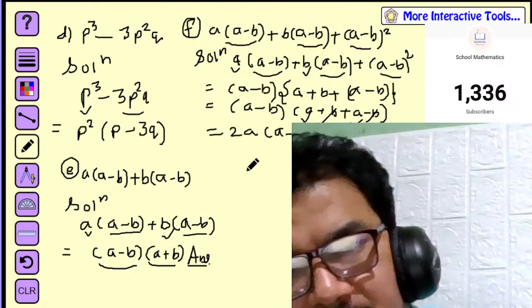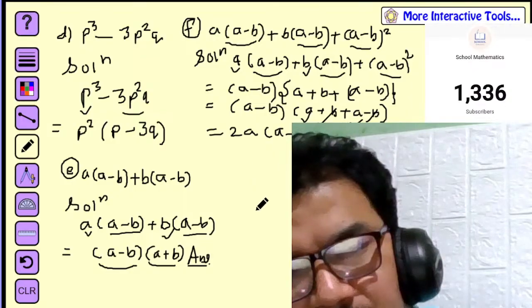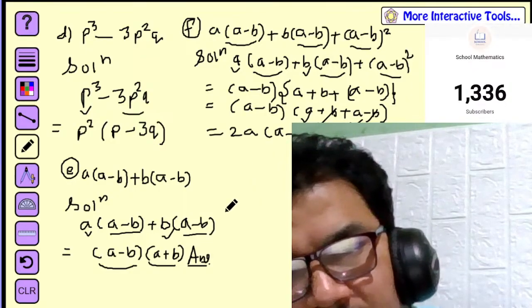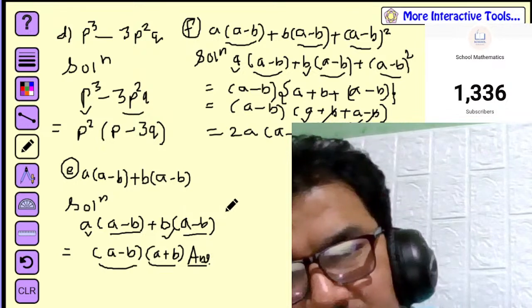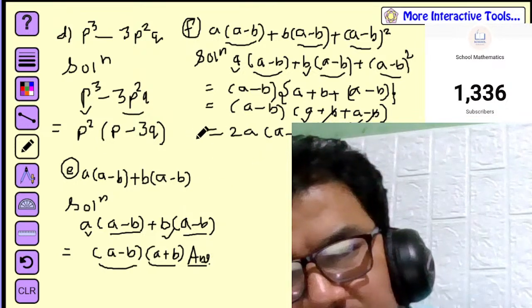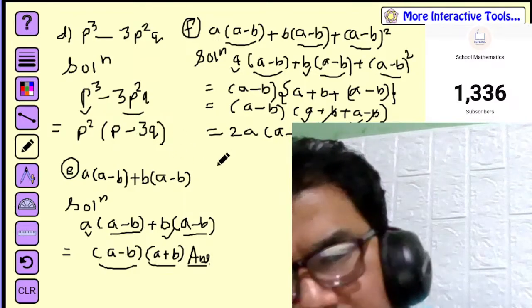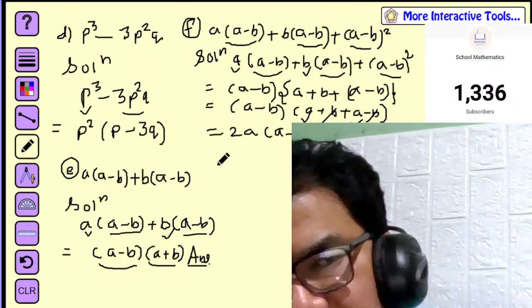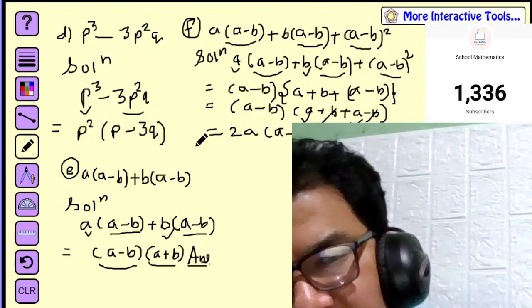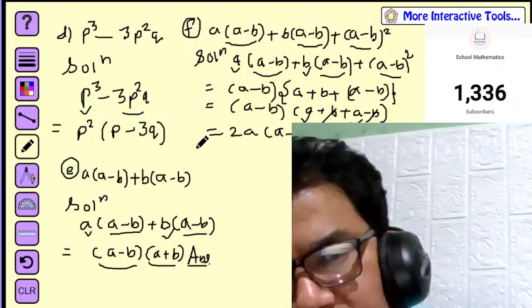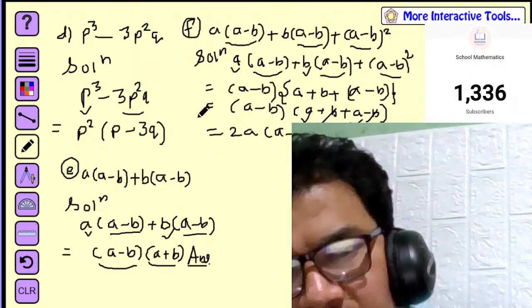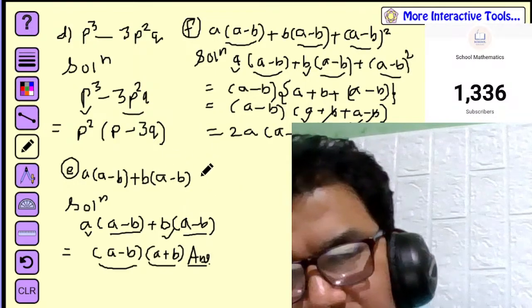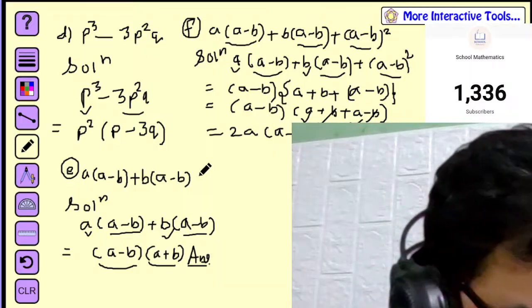And next class, I will teach you the next way of factorization. Today I taught you the beginner's one: at the first stage, how to factorize the given algebraic expression, which is taking common. I have shown many question solutions. It will be very, very useful for factorization.